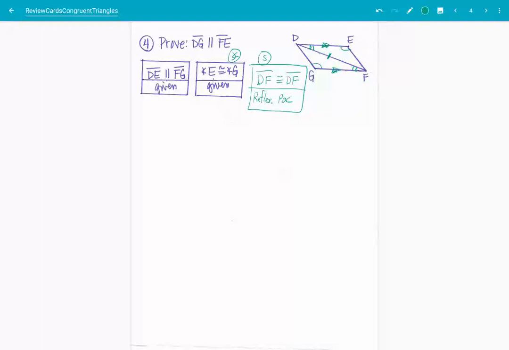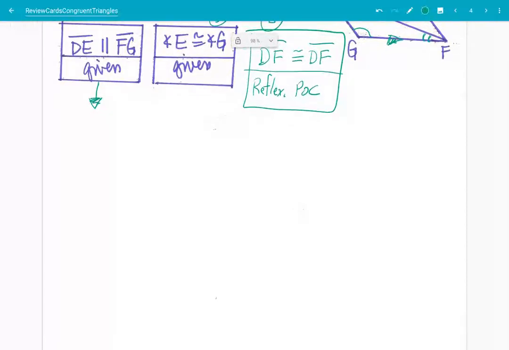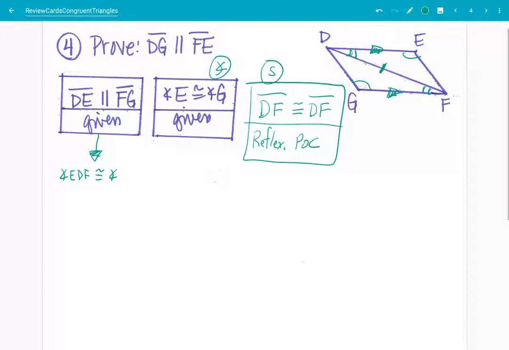These are alternate interior. So EDF right here. This is going to be, let me zoom in a little bit. Now I lost my pen. Okay, here we go. Angle EDF congruent to angle GFD.